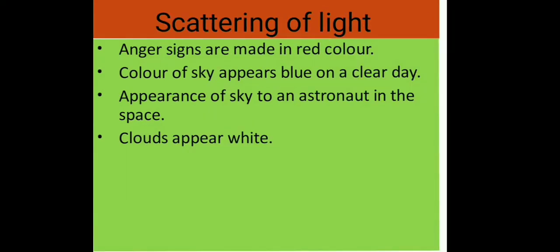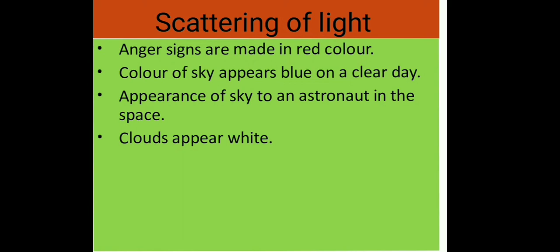Now come to some more examples of phenomena of scattering of light. First, danger signs are made in red color. Red is the least scattered color. It is least scattered by fog and smoke and can be seen in the same color over a long distance. So, danger signs are made in red color.